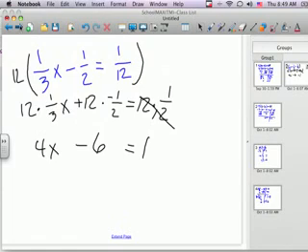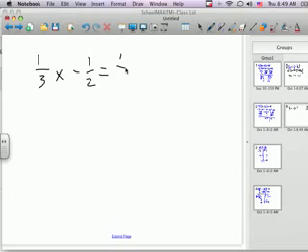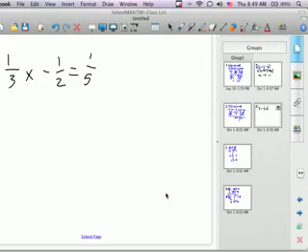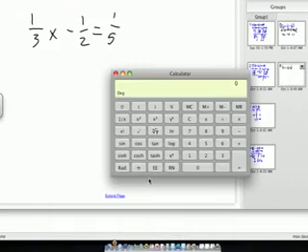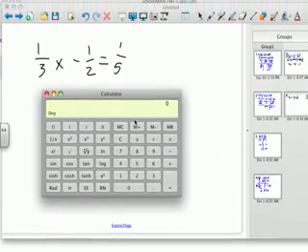Now, what if I get into a situation where that technique doesn't work? So let's try it again. I have 1/3 x minus 1/2, and instead of it being 1/12, let's make it 1/5. I'll use a calculator to double check, but I'm pretty certain that nothing's going to work here.